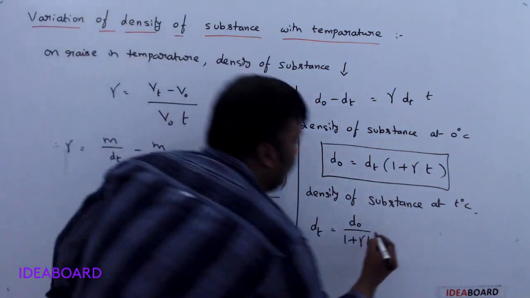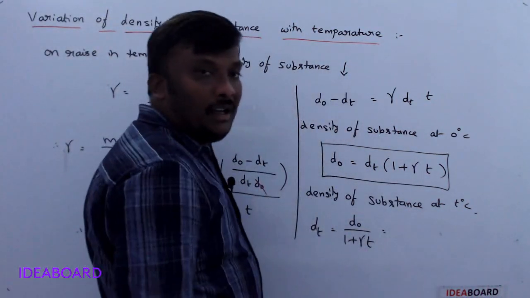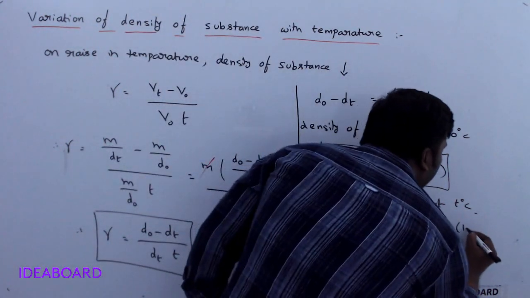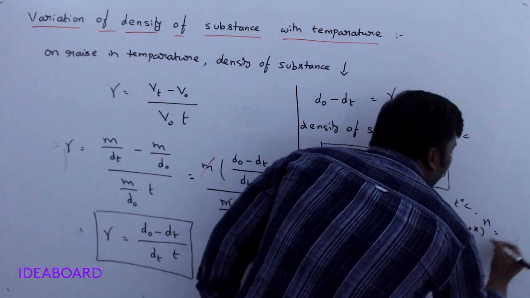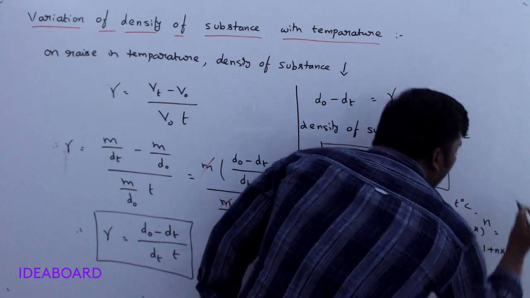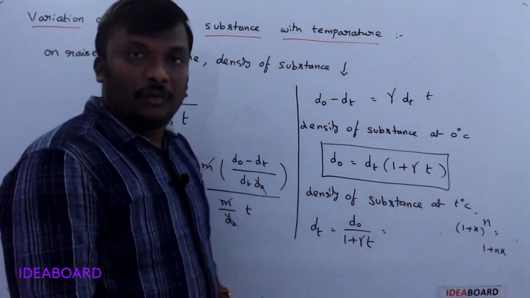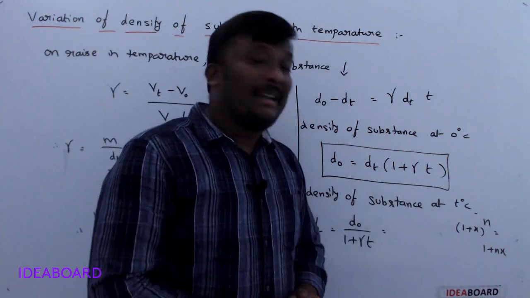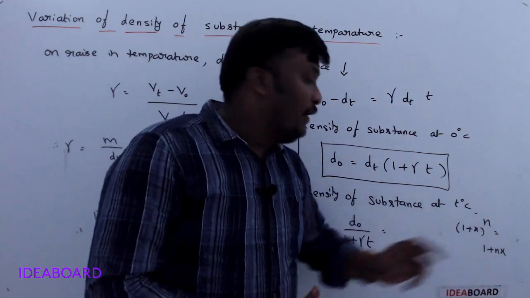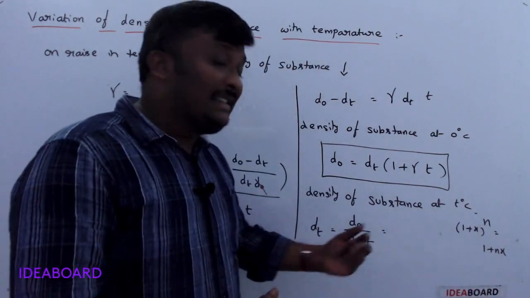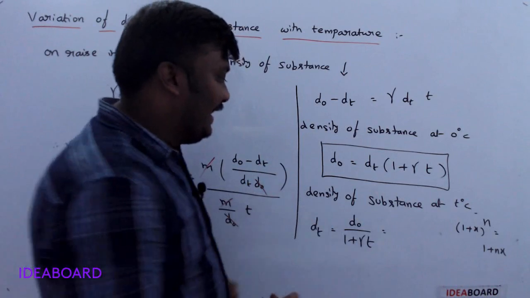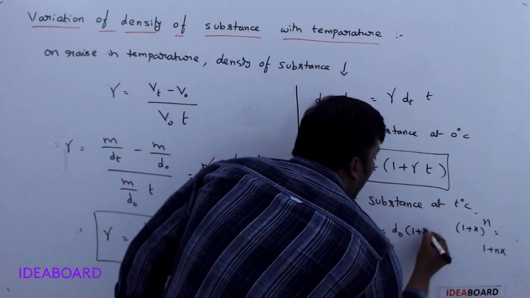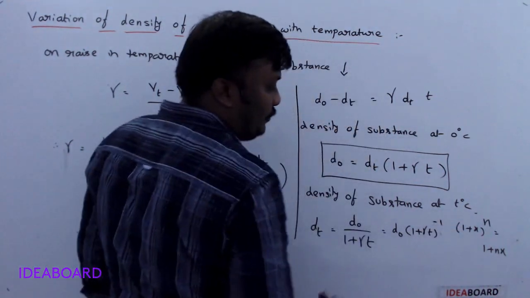Now, the gamma value is very small. Then we have in the binomial expansion the formula: 1 plus x whole power n is equal to 1 plus nx, where higher order terms are neglected, if x is less than 1. We said the gamma value is very small, so you can write this as d naught into 1 plus gamma t whole power minus 1.